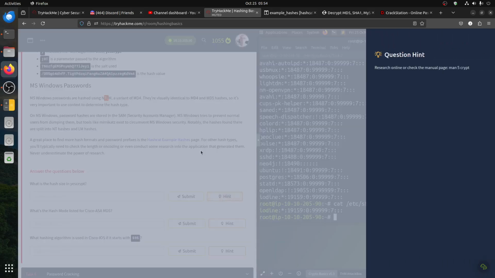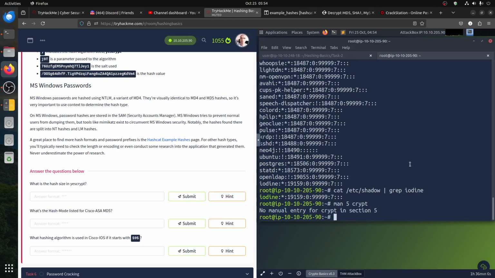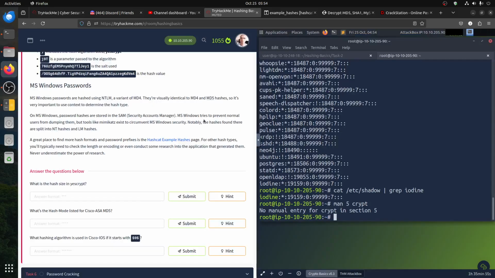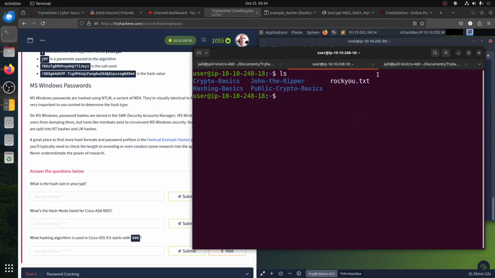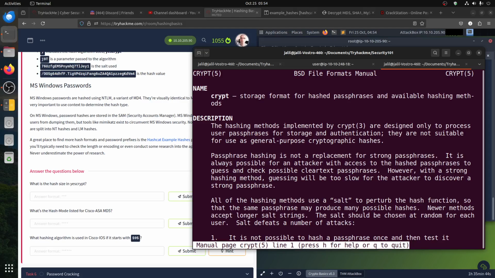Research online, check the manual page, man 5 crypt. Man 5 crypt. Let me see my computer. Man 5 crypt.